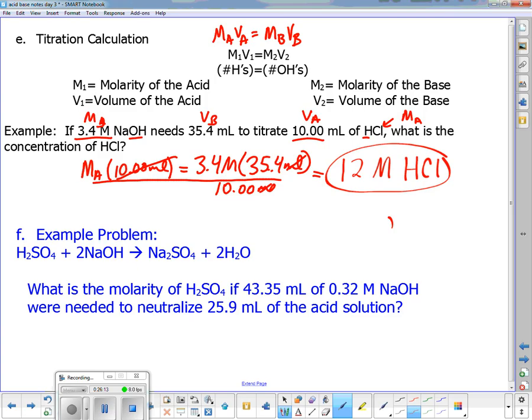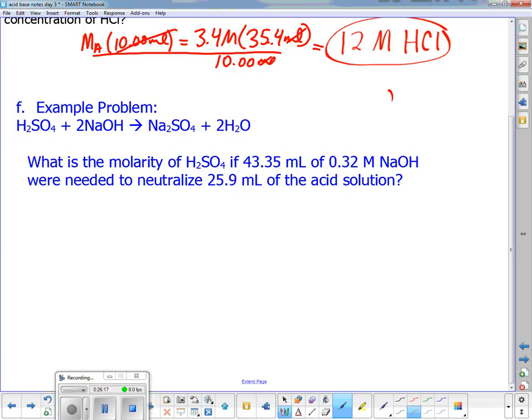So what happens if we do the one in blue, which is the one that you've got in your note packet, is as I'm going through, I'm going to identify the things that I have. I'm looking for the molarity of H2SO4. Is that the acid or base? The molarity of the acid. So I'm looking for that.